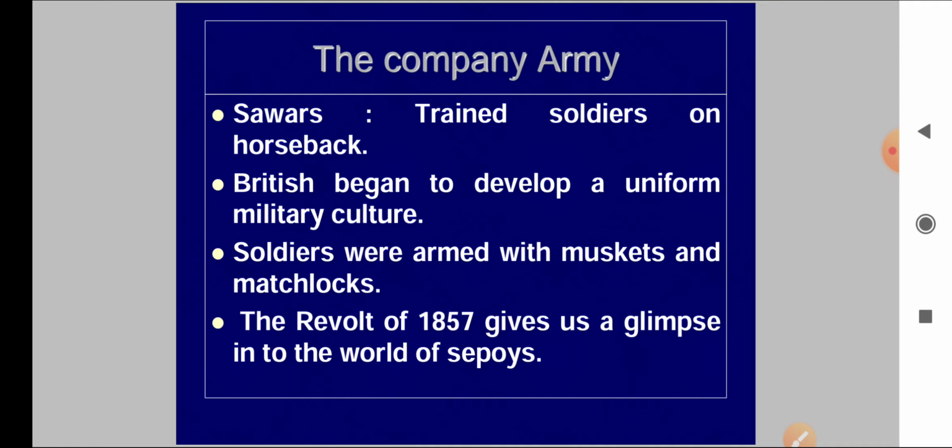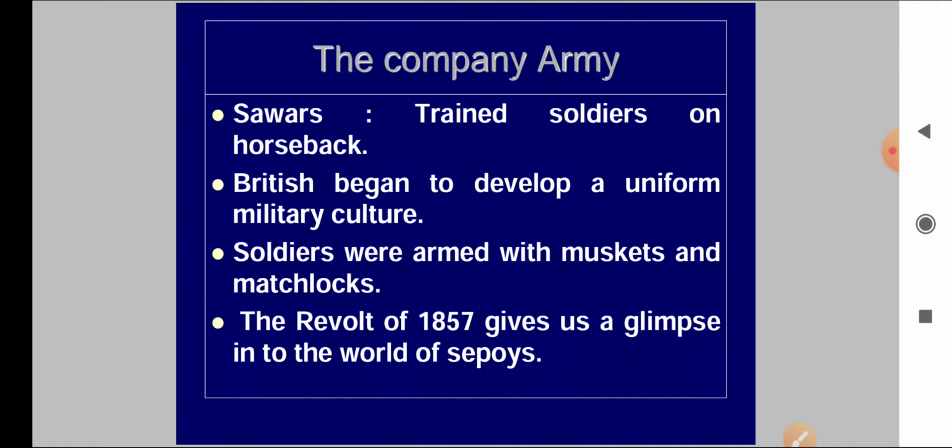That's why they trained their army in a very disciplined manner. In their army there were Sawars, who were trained soldiers on horseback, and infantry, the foot soldiers. They were given training in archery, tirandaji and use of the swords.